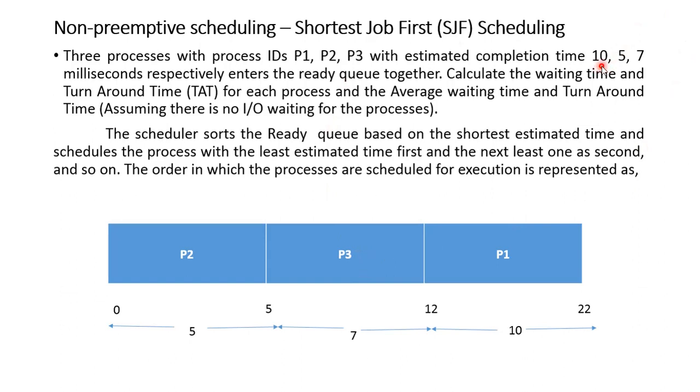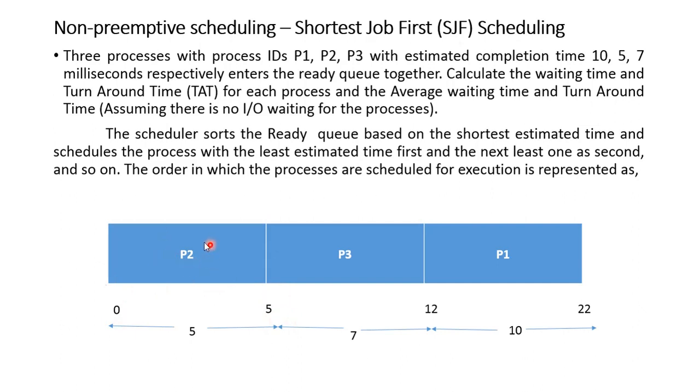The process with the longest estimated time is P1 with 10 milliseconds, so P1 comes last. So 5 milliseconds, 7 milliseconds, 10 milliseconds. The order is P2, P3, P1. And these are the waiting times.